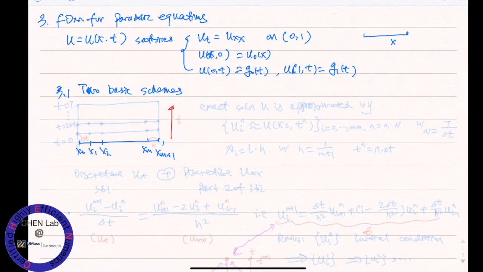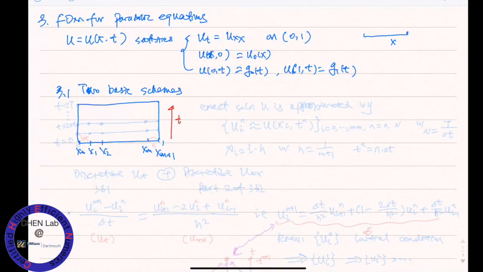Now, as time goes by, we denote time as a second dimension, so we basically discretize the xt domain. It's like instead of an interval, you have a square, a rectangle.